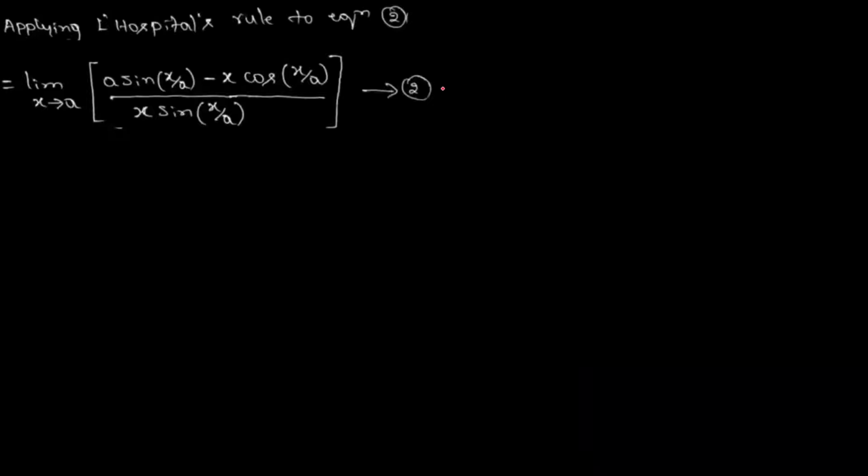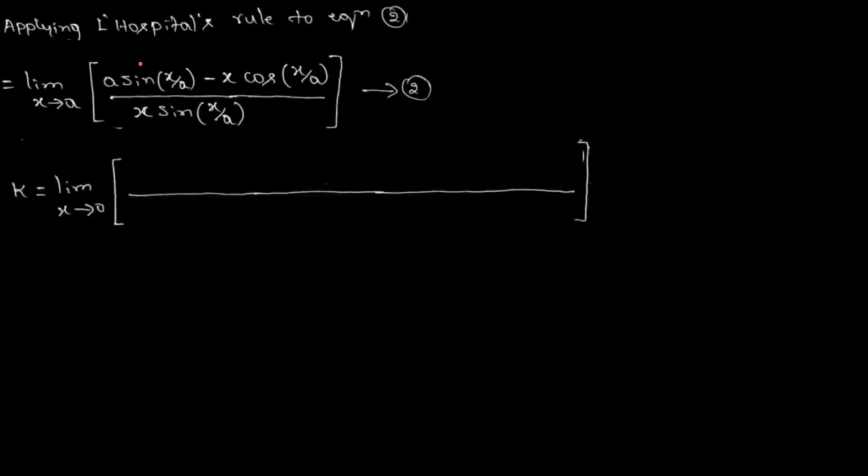Yes, I have taken the equation number 2 here again. Now let us differentiate the numerator separately. I have written the limit as x is tending to 0. Actually, this is 0. By mistake, I have taken a. Here we have taken x is tending to 0.